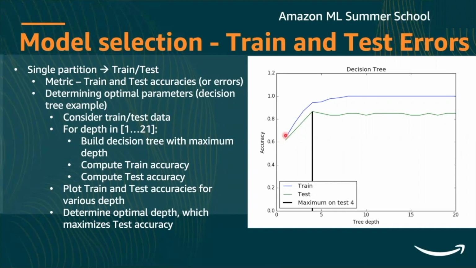So you'll get a plot something like this, for a single test-train partition. For depth 1, the accuracy is 0.6. For depth 4, it's 0.9, and so on and so forth. And after this, the accuracy does not change much. So ideally, you would select this model as your best model because train and test curves follow similar trends, and the best accuracy on the test you get here at 4.